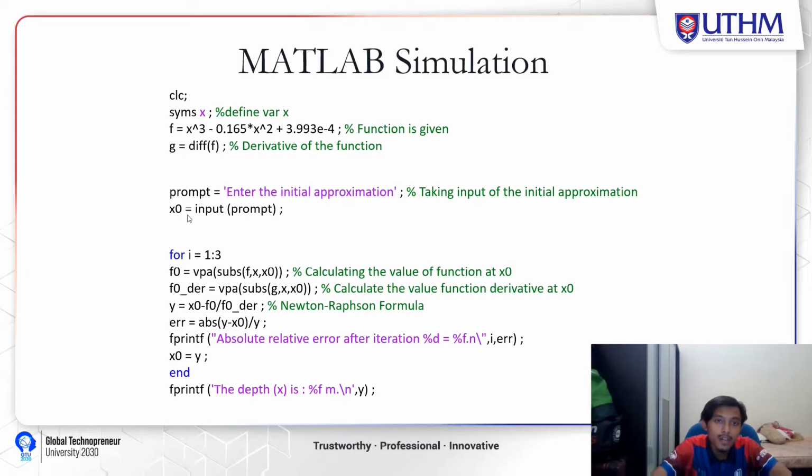The value of g is the derivative of f. The prompt asks to enter the initial approximation, which is 0.04, and x0 is taken from this input. Then we compute f0 and the derivative, and y equals x0 minus f0 divided by the f0 derivative.